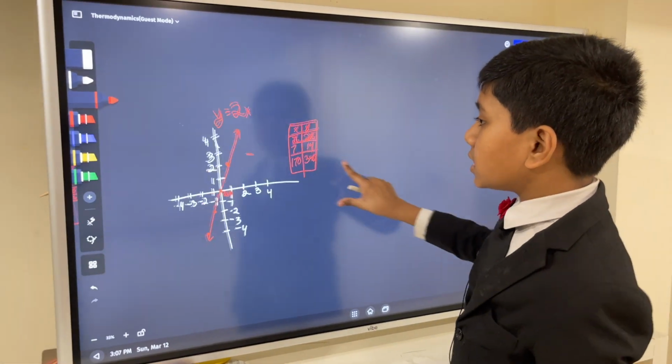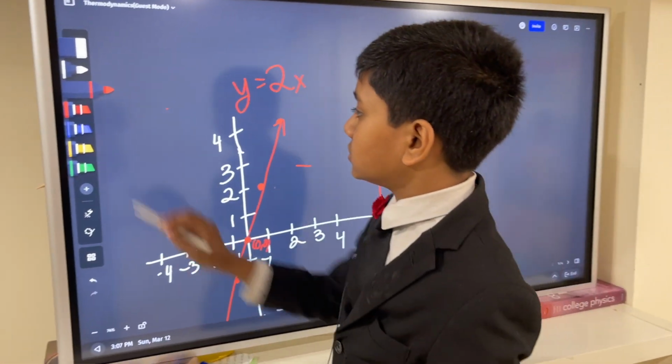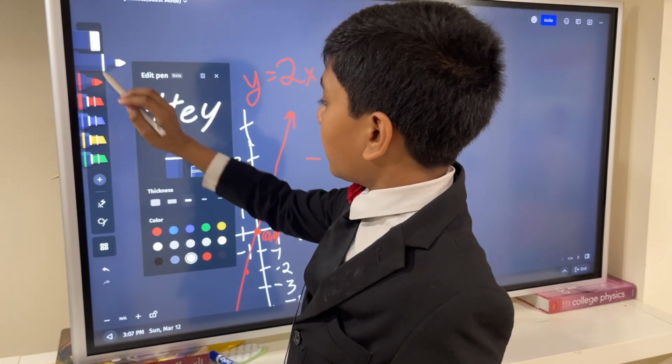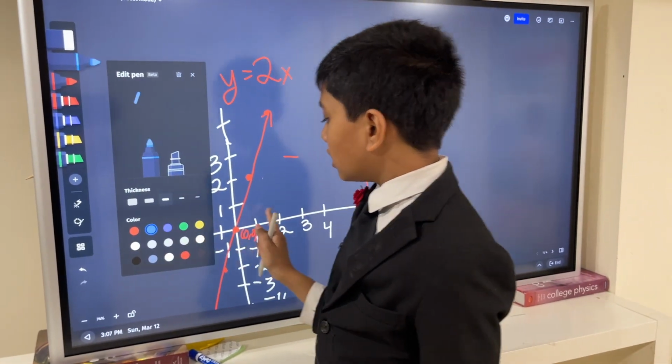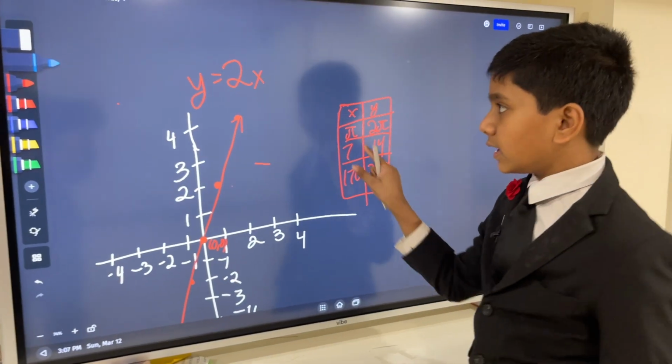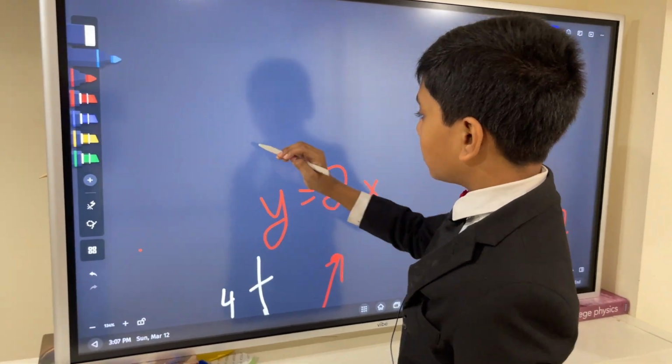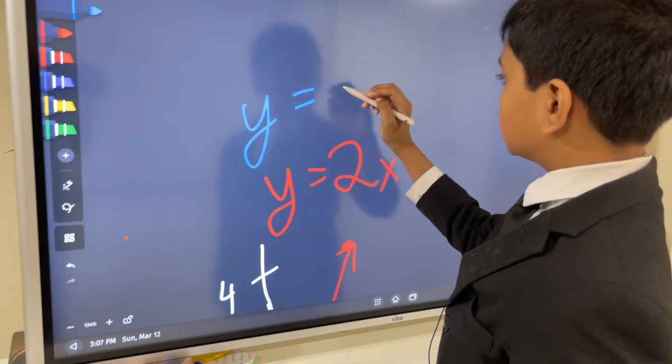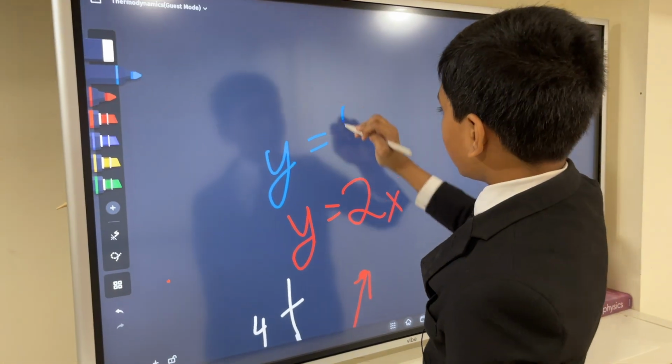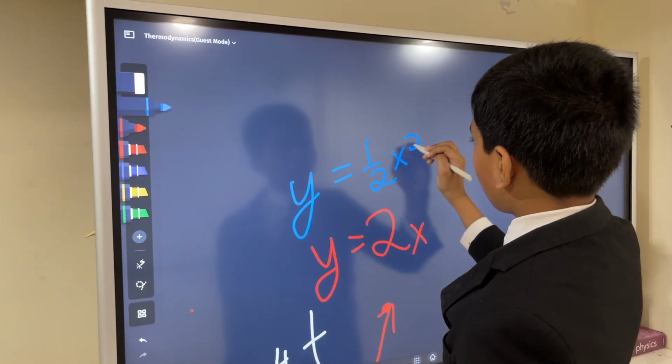There are some more complicated graphs, like for example, you remember how I showed you exponents? Well, you can do that for functions as well. Y equals, let's say, 1/2 x squared.